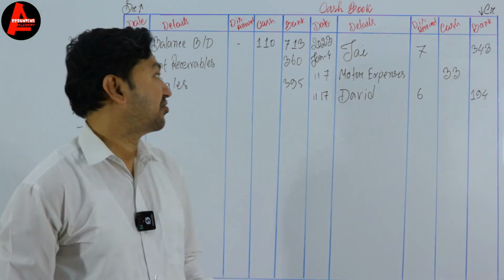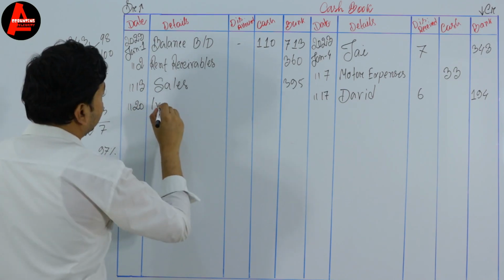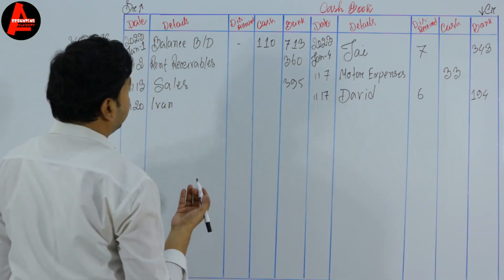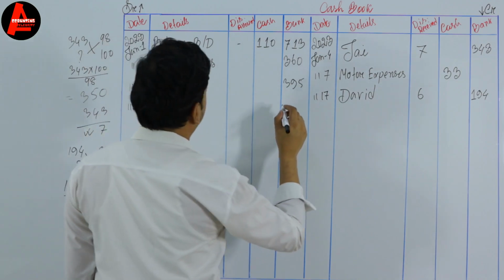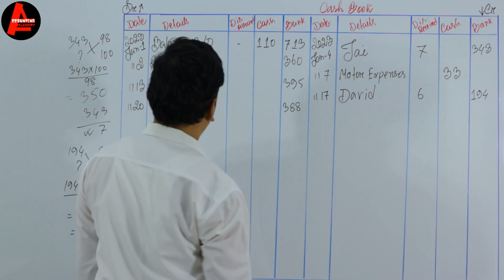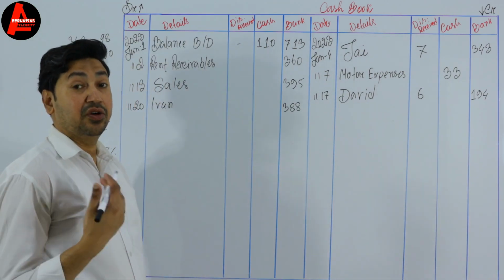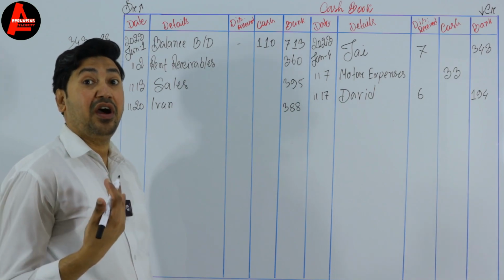So let us write the date first, January 20. From Ivan we received $388, which we will write on the bank column, as we received a check. Now what will be the discount? The full amount was $400.